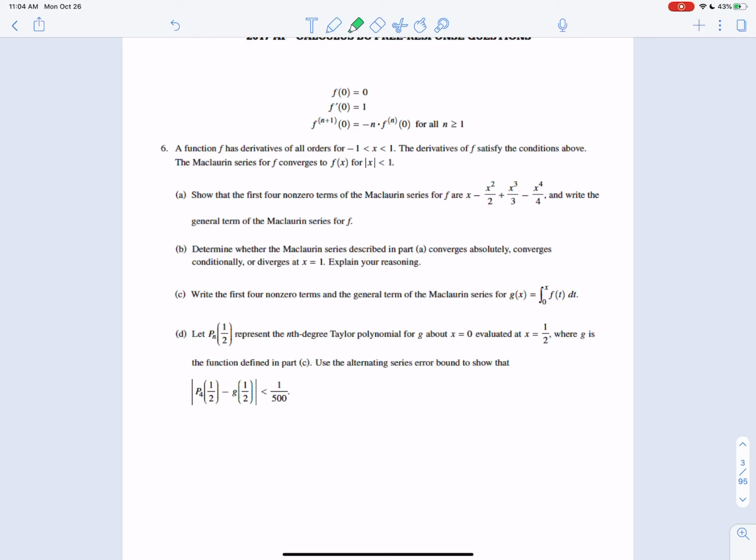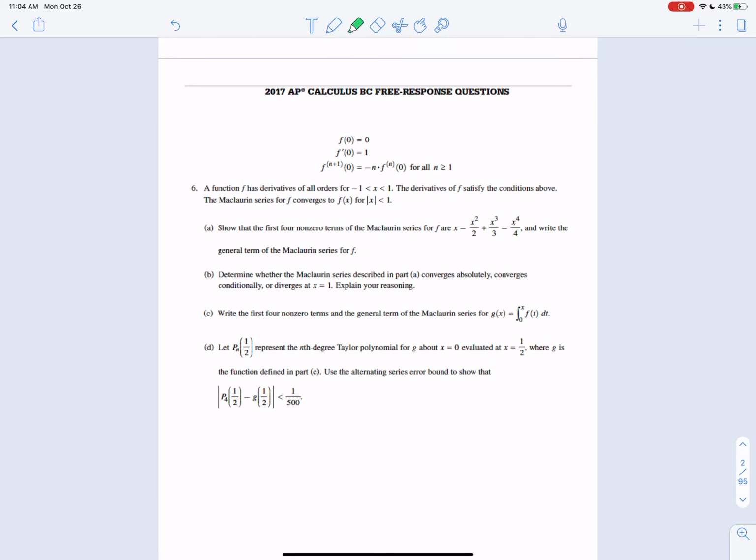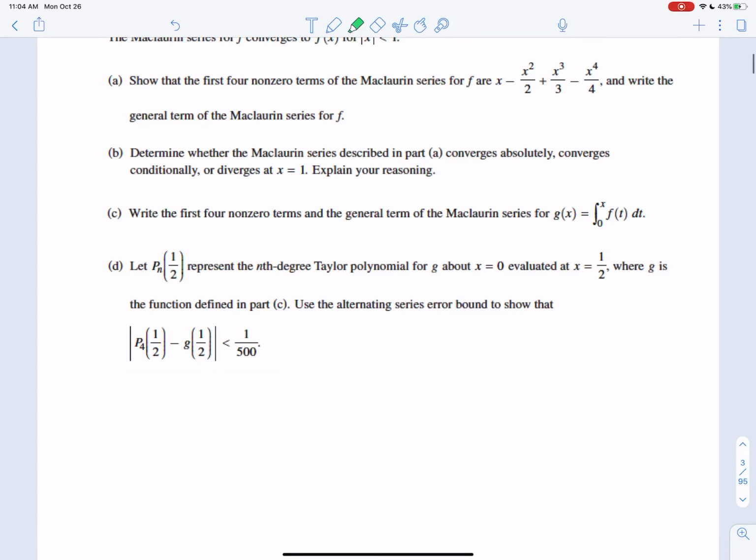Usually it's the last one, not always, but in 2017, they say, use the alternating series error bound to show that. Now, they were nice enough to tell us the error bound here, but this notation is actually error, and we'll talk about that in a second, okay?